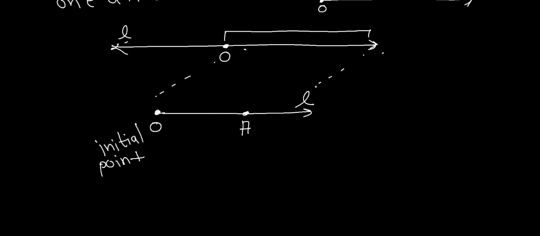So we say A lies on the ray, and it is the given point.